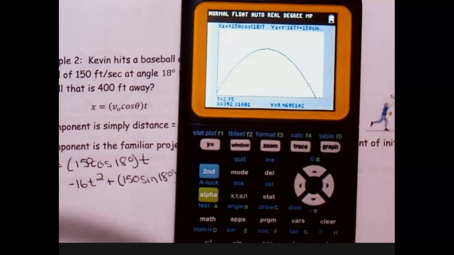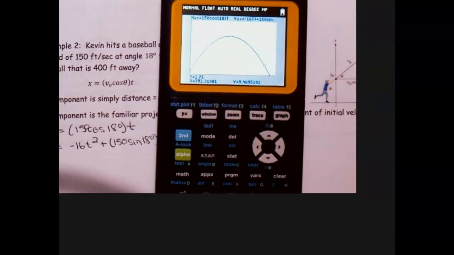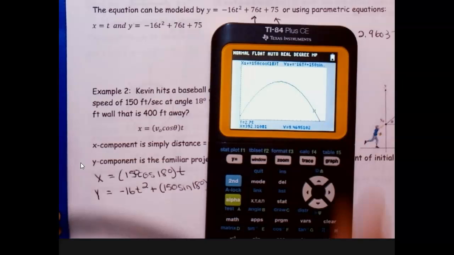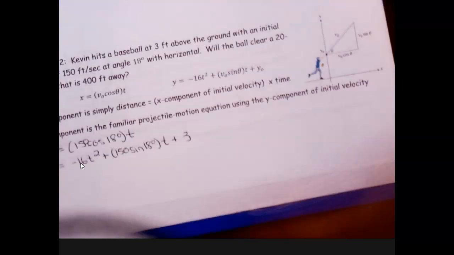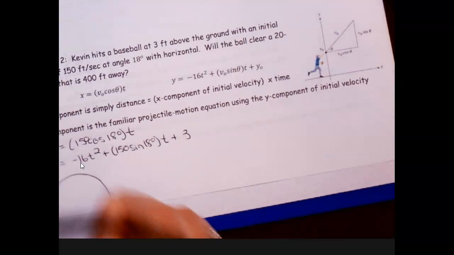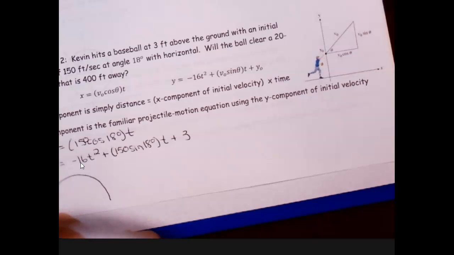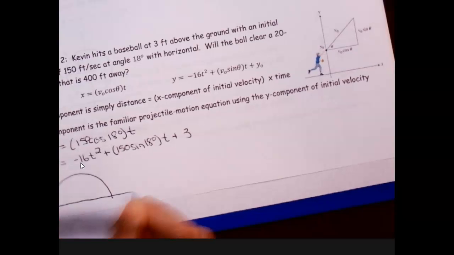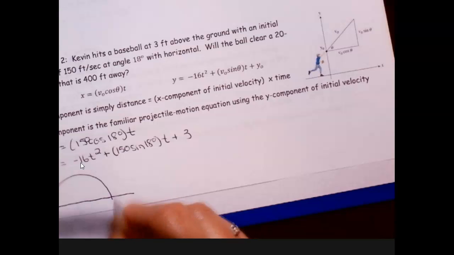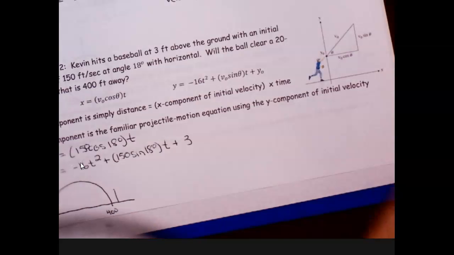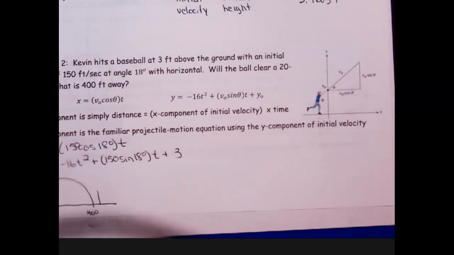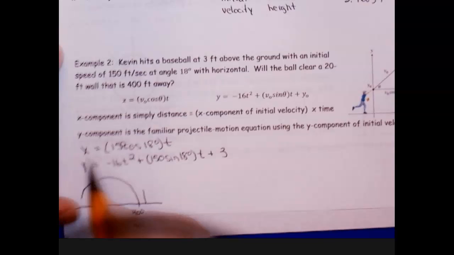So here's where I'm going to show you another option. Okay, so here's the rough object that's being thrown, and I know that I've got a wall somewhere over here that is 400 feet away. I'm just not sure if it's before or after where that ball lands, but I know I want to be at 400, and that's my x distance.